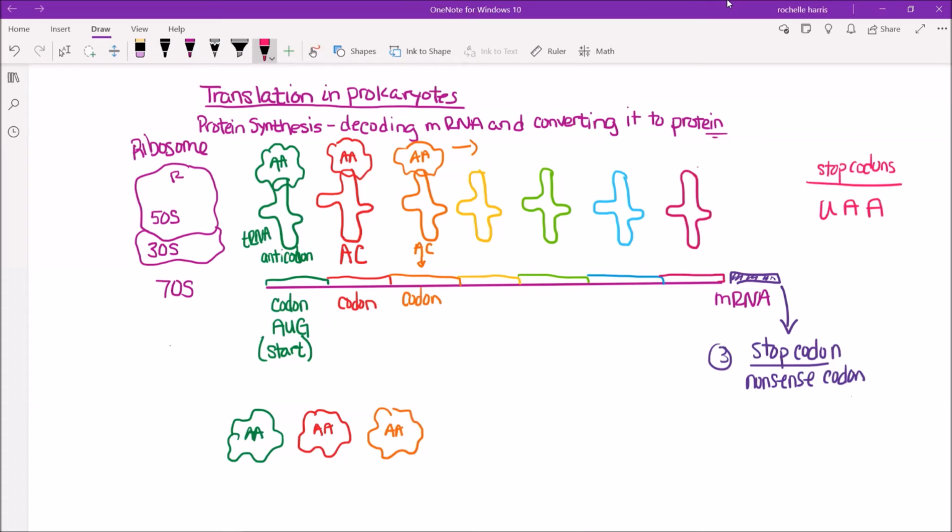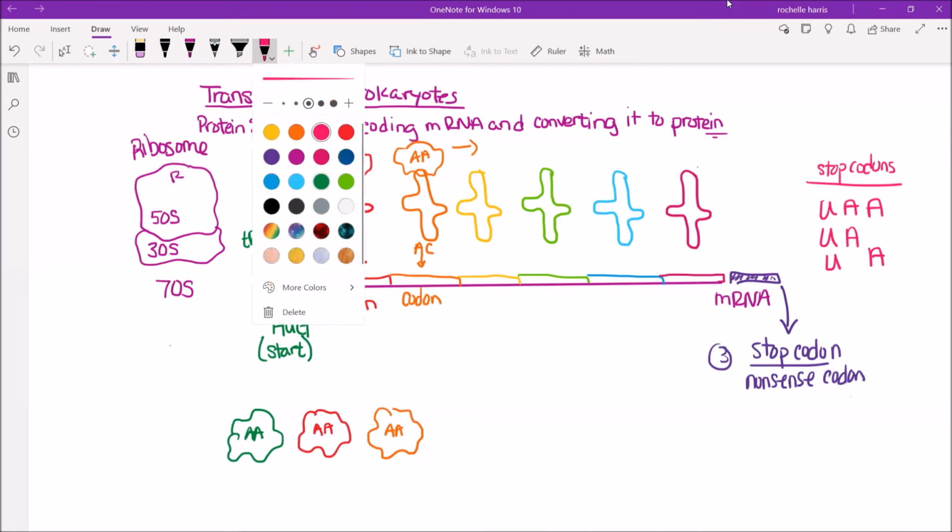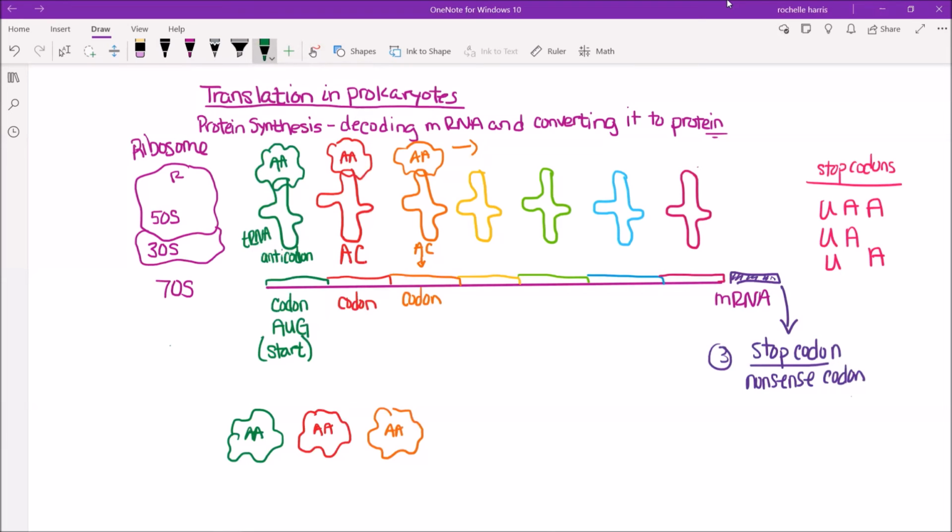Going down, starting at the U, we have U. Now going from the top diagonally down, it's U, A, and A. Now we have 2 blank spots, and we're going to fill those blank spots with G. And that's how we remember our 3 stop codons.